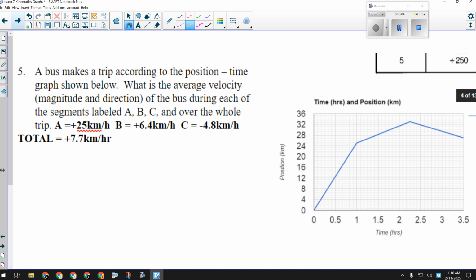All right, so let's try this one, because this one's irregular. We just did a whole bunch that use y equals mx plus b. I can't use y equals mx plus b for this one because it's not a single linear function. It has a bunch of different parts to it, or what we call an irregular graph. So you've got this position versus time graph, and just so you can read these numbers a little more clearly, this is 25 right here, so the value here is 25.